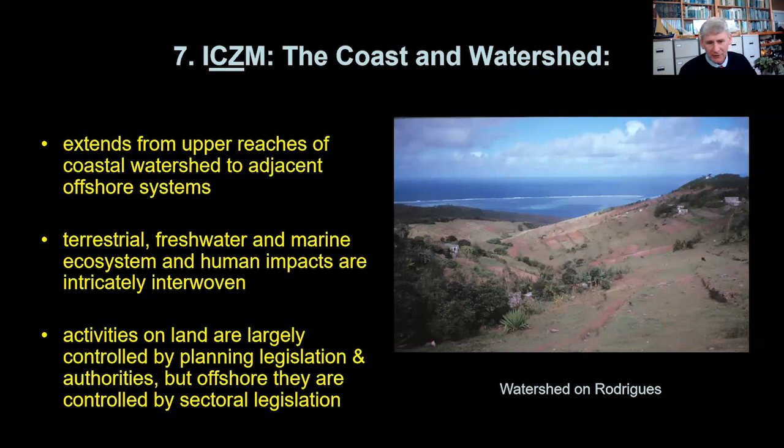But you go to other countries, for instance, Japan, and the seabed is managed by one authority, the pelagic environment, the depth, the profile of the water managed by another authority, and then the surface by yet another authority.